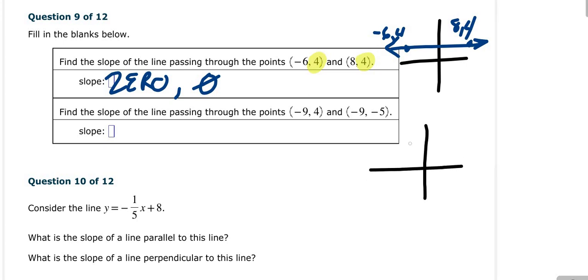This one, if we were to graph -9, 4, -9, -5, it's a vertical line, therefore it is undefined.